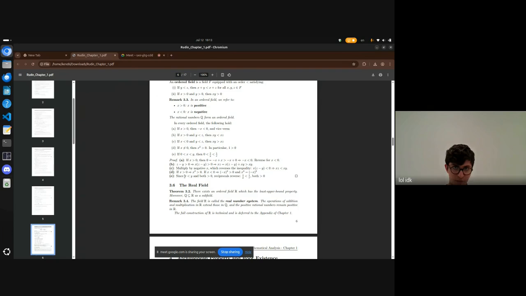Since x is less than y and both are greater than 0, the reciprocal 1 over y is less than 1 over x. Because if you multiply this over here by 1 over y, we get 0 is less than x over y is less than 1.